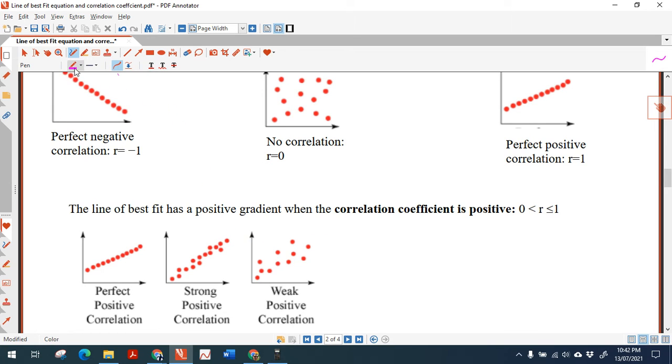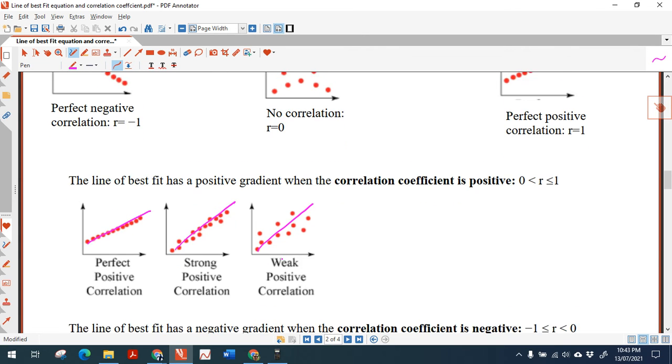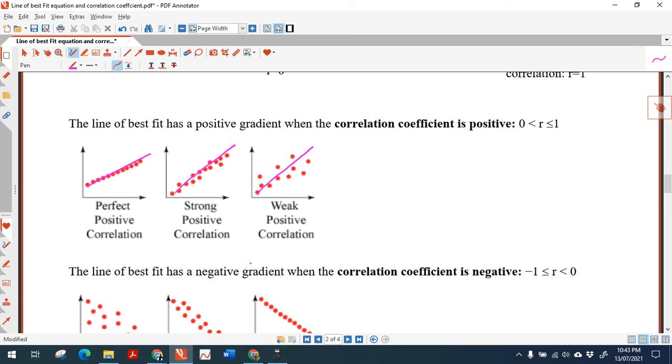All right, and if you were to draw the line of best fit there, obviously it would have a positive slope. But just be aware, you don't think that the slope is equal to the correlation coefficient because it's not, but they are the same sign.